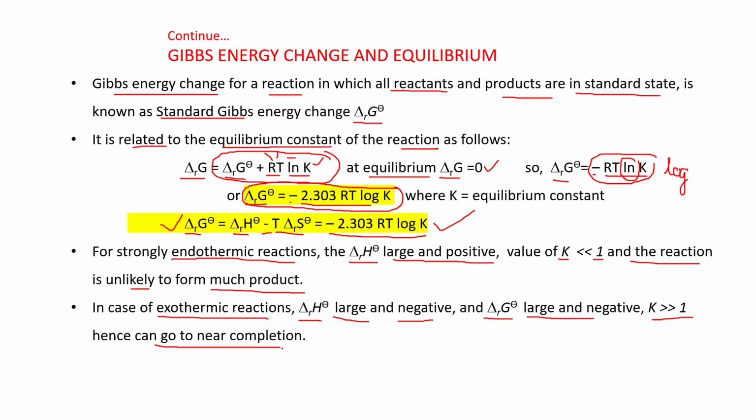Simply, we can say for a spontaneous change delta G is negative and K is greater than 1. For an endothermic reaction where the enthalpy change is positive, K is less than 1 and the reaction is unlikely to form much product.